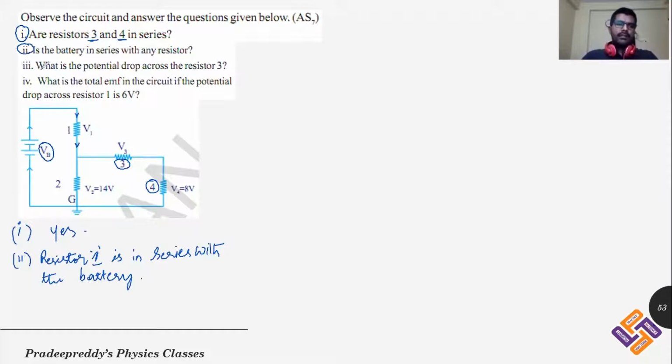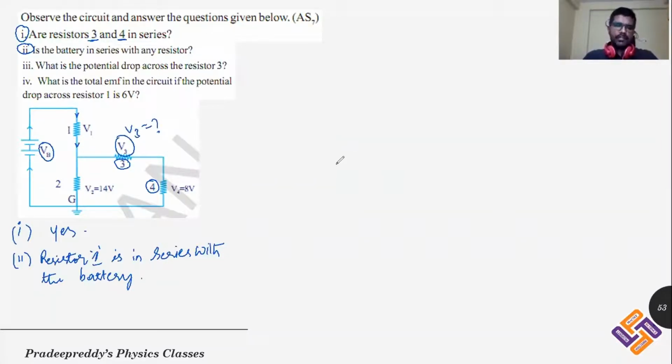Now coming to the third one: what is the potential drop across resistor 3? You want to find the voltage drop across this third resistor. V3 is equal to how much?